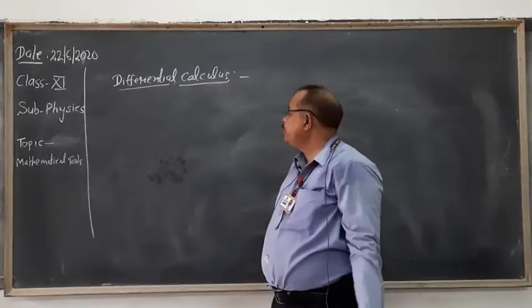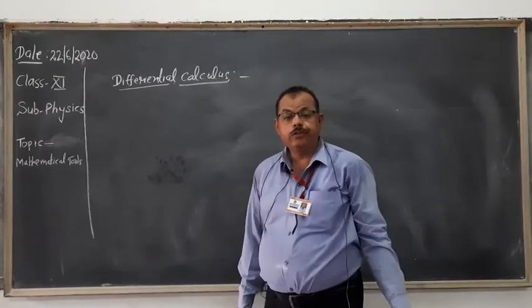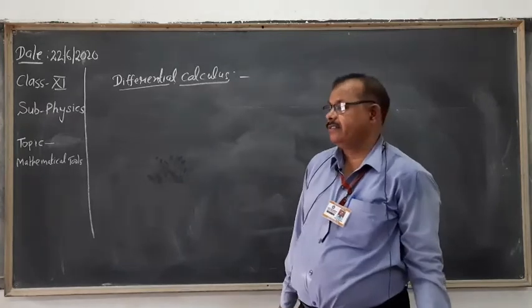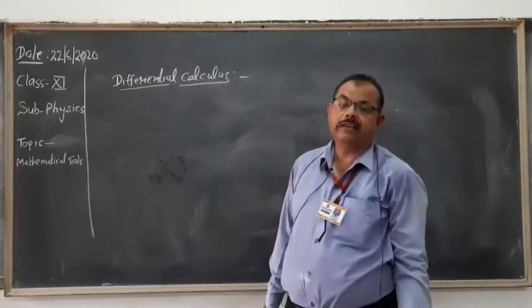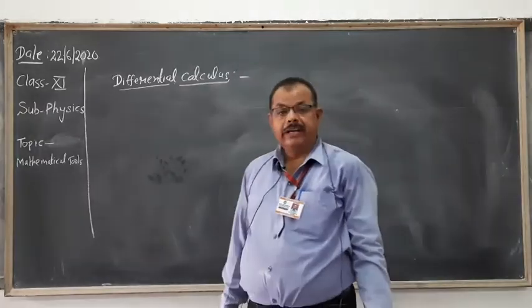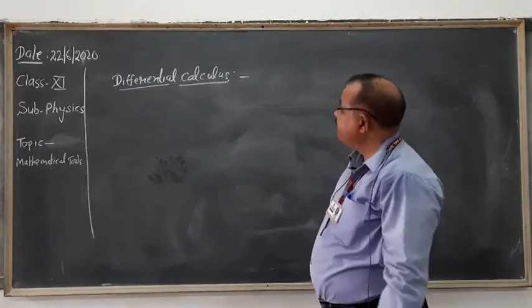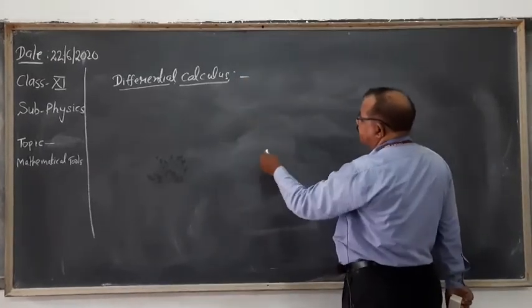If we talk about its definition, it is the ratio of del y and del x, where del y and del x are small changes in y and small changes in x, and it is denoted by dy by dx. To understand this topic, I am taking an example.